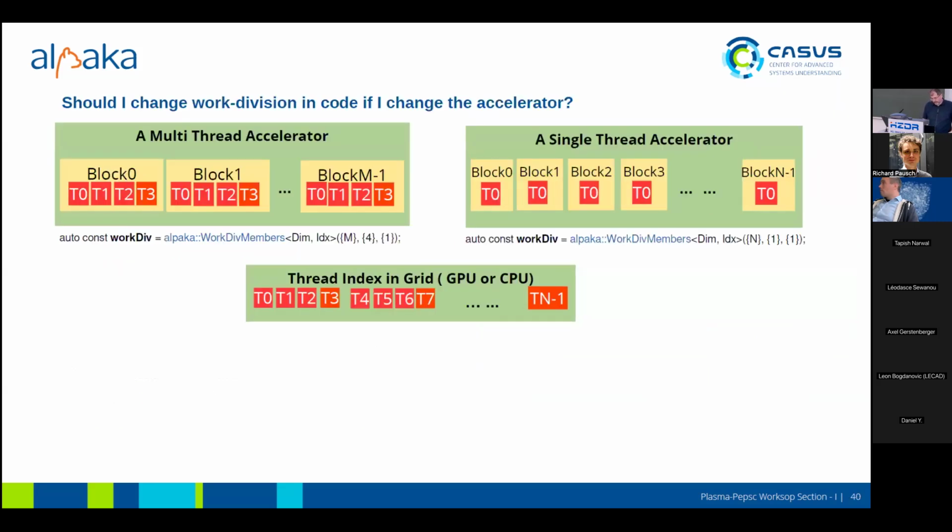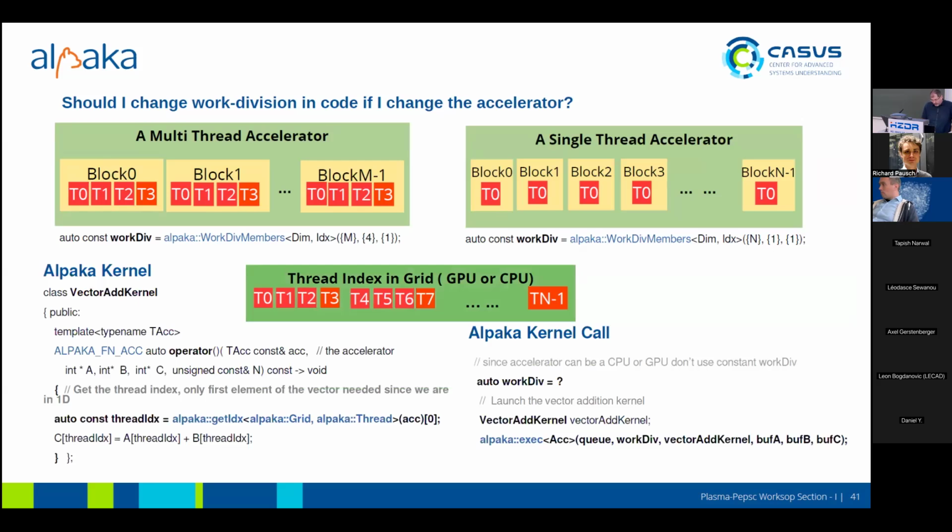For example, we have a single thread accelerator on the right and a multi-thread accelerator on the left. Should we change the work division if we change the backend? Or for example, we have code running on CPUs, and should we change the work division when we switch the backend to the GPU?